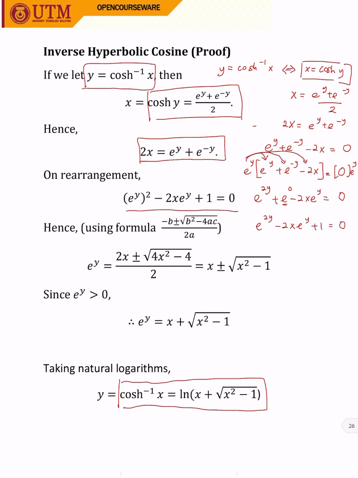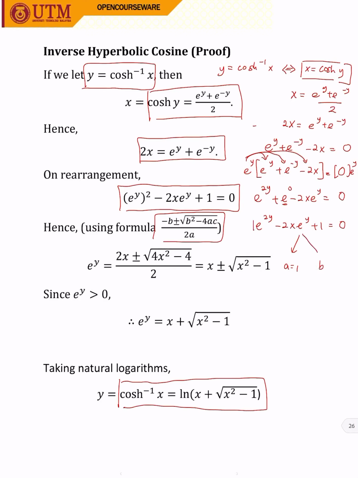So this is why we have this. Since this is a quadratic function, it looks like a quadratic function, we can use the formula. We have a equal to 1, the coefficient here is 1. So b we can take as negative 2x, and c equal to 1, because our function is e^y. So we just put it into the formula: e^y equals negative b plus minus the square root of b squared minus 4ac over 2a.